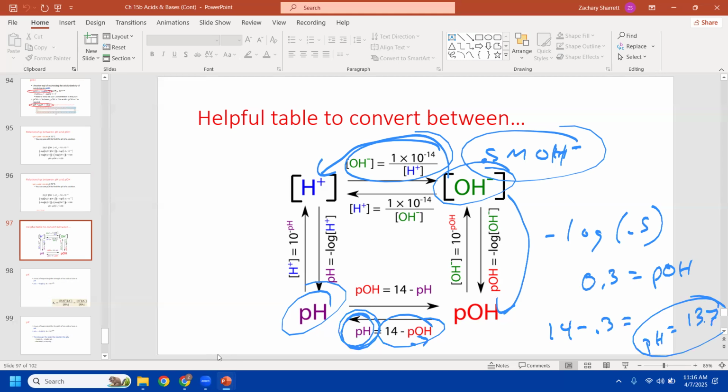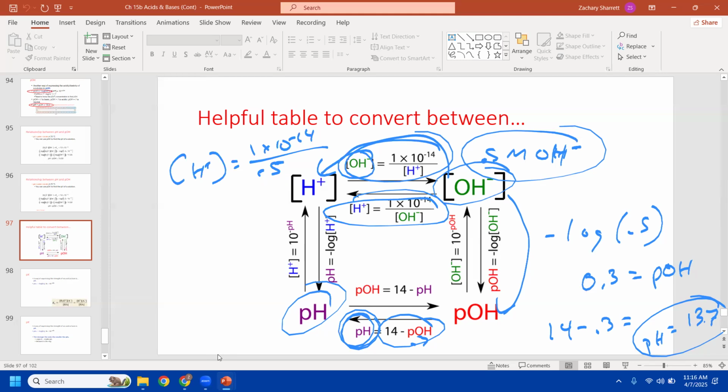Could we go the other way? We could have done the OH minus concentration. So we want to go this way, actually. I'm sorry, the H plus concentration, we could have done 1 times 10 to the negative 14th divided by 0.5. Anybody do that for me? Once again, if you're not using your calculator right now, you're going to be in for a rude awakening on this third exam.